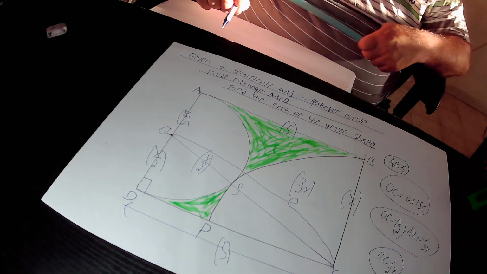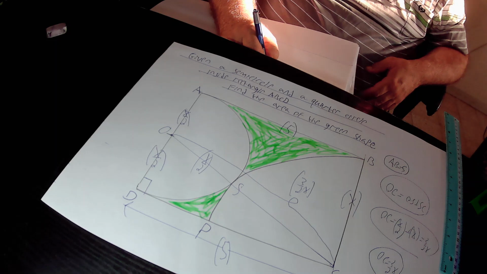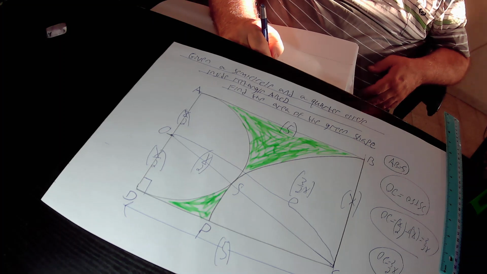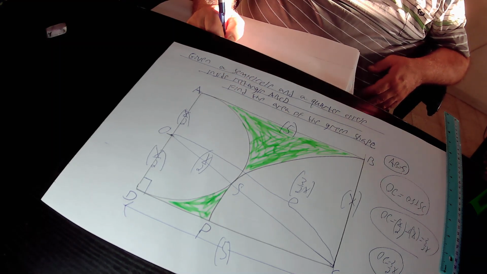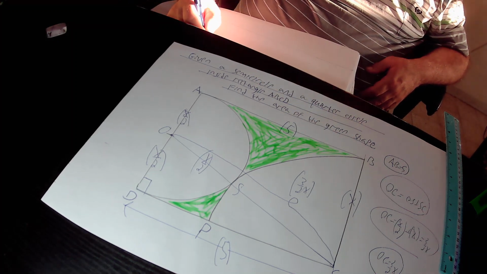So I write it down: the area of the green shape equals the area of rectangle ABCD minus the area of this semicircle minus the area of this quarter circle.